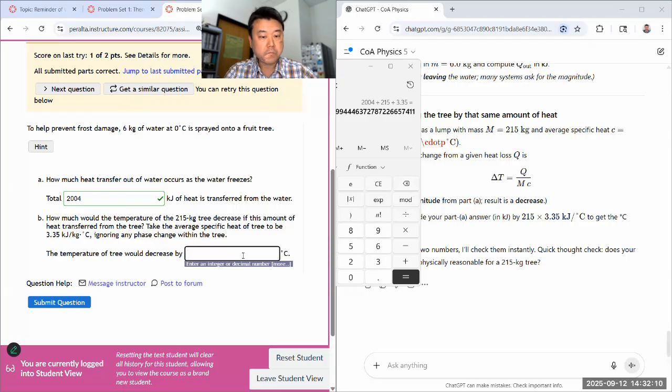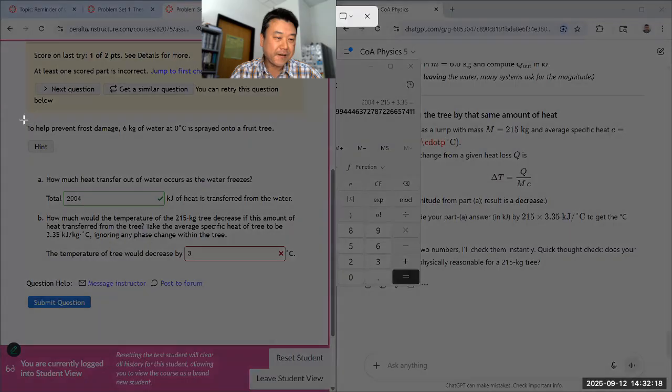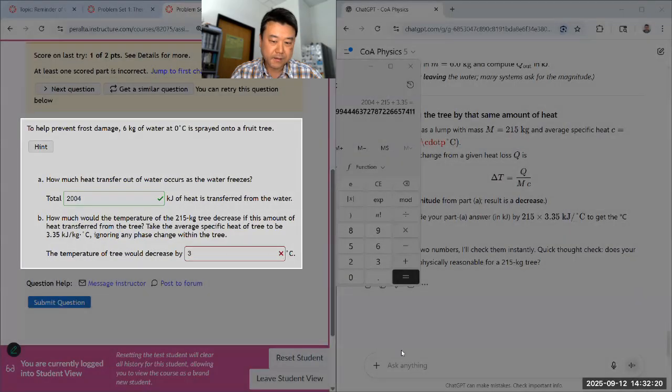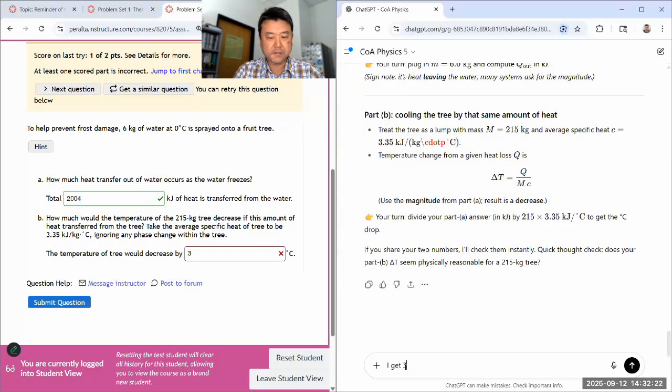So I'm going to aggressively round it so that I can mark it as wrong. I get 3 degrees C for part B, and the system says it's wrong. Probably it's too small.